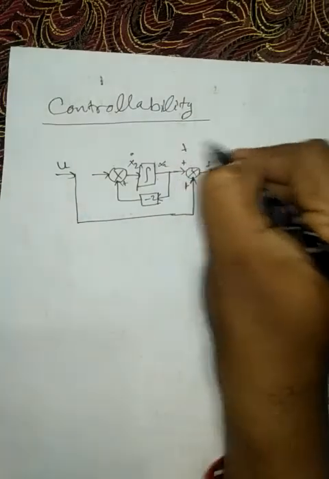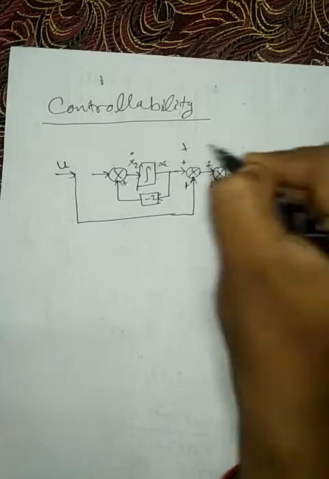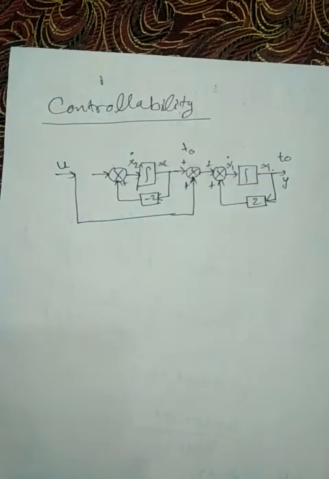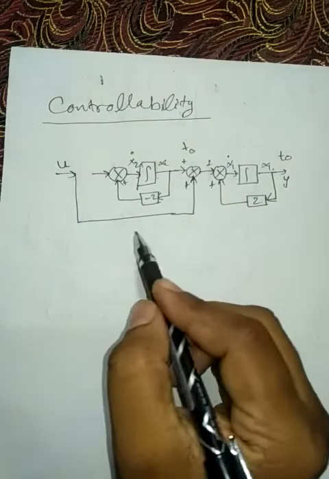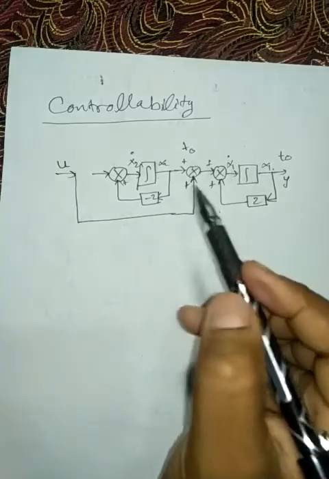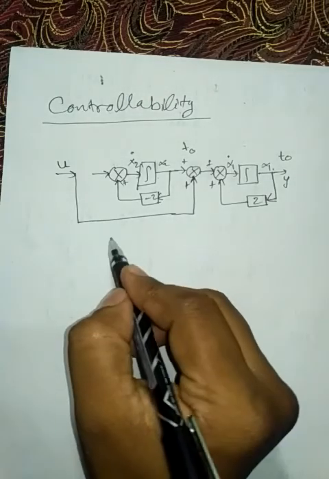Initial condition is at t naught. In this diagram, what is the state equation? From this diagram, what is the state model?